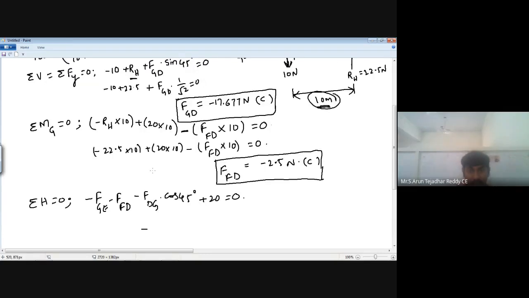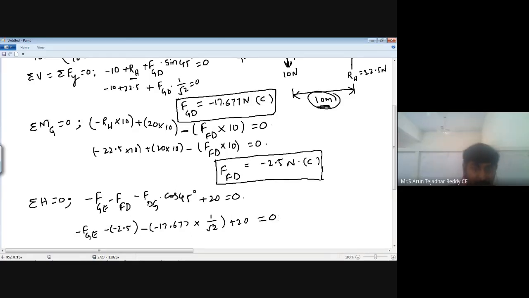What is the value? Minus 17.67 into 1 by root 2 plus 20. And FFD also we know, that is minus 2.5. And minus FGE is the unknown.